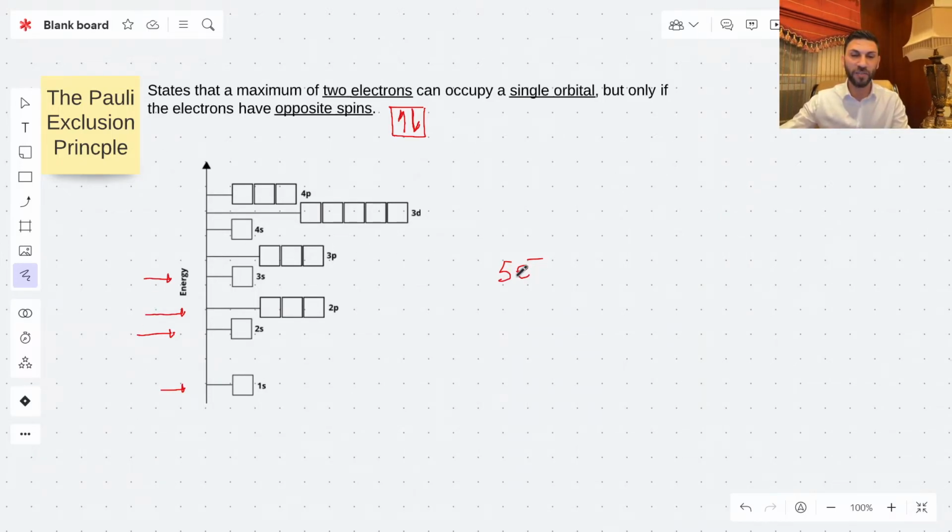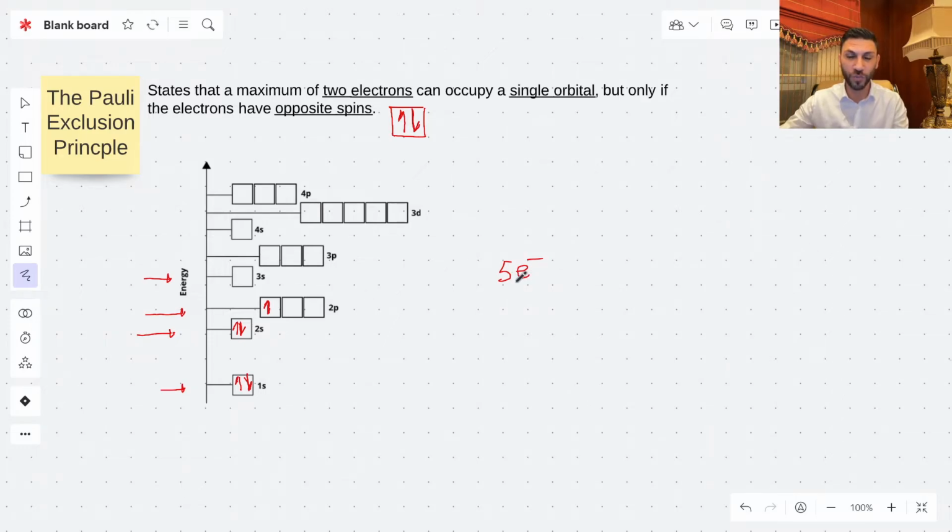So I have 5 electrons, so I'm going to put 2 electrons in 1s, but according to the Pauli exclusion principle, I need to put the 2 electrons with opposite spin, one up and the other one down. Now I put 2, I still have 3 electrons, so I'm going to put 1 up, 1 down in 2s, leaving 1 electron left, so I'm going to put it in 2p.